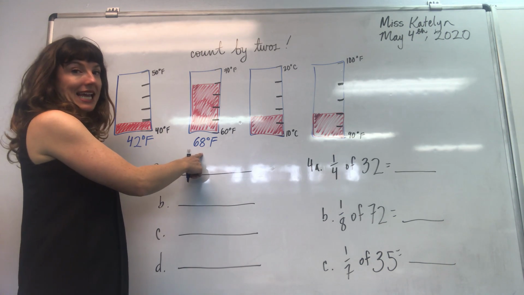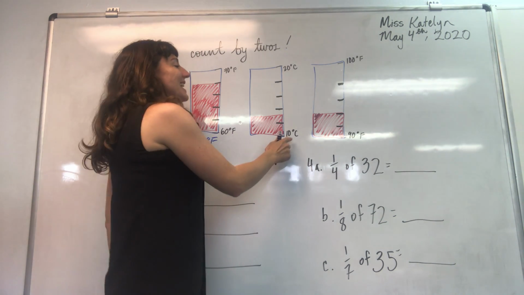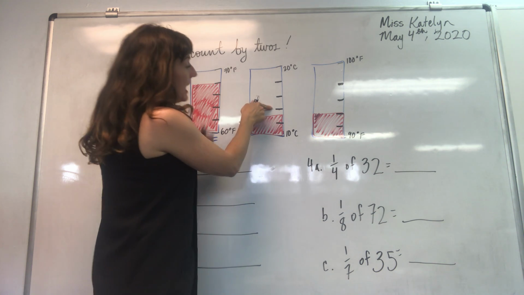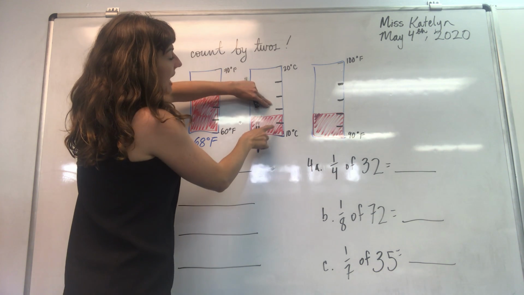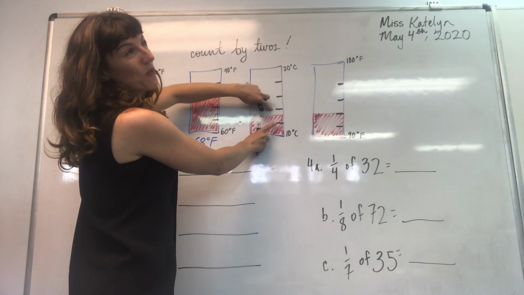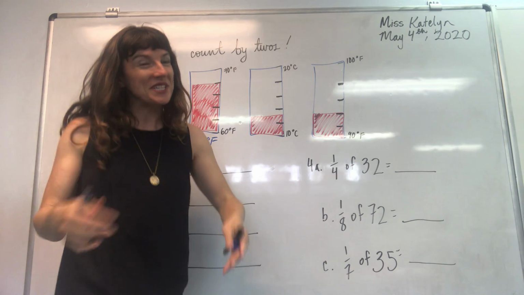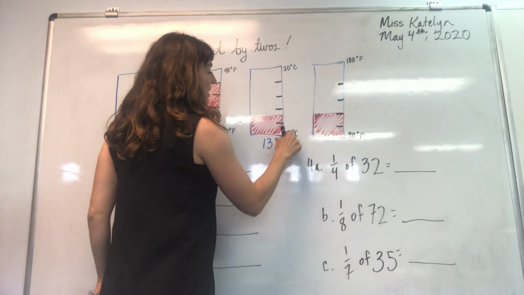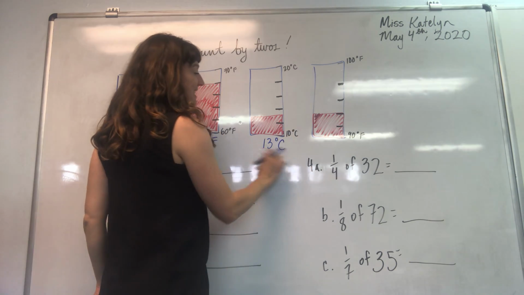This is nice. In degrees Celsius, 10, 12, 14. We'll take a look at that. The line comes in between 12 and 14. And what number is in between 12 and 14? 13. Very good. 13 degrees Celsius.